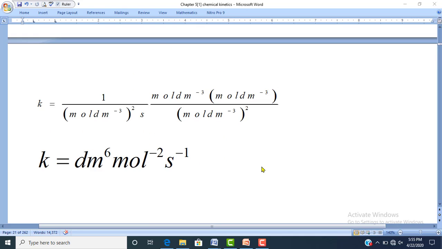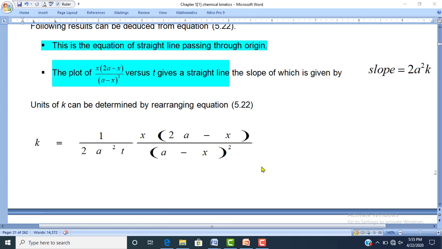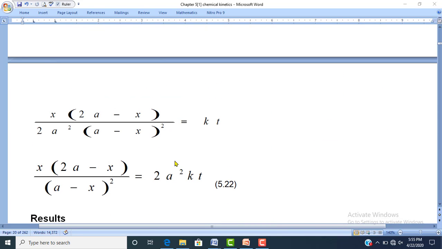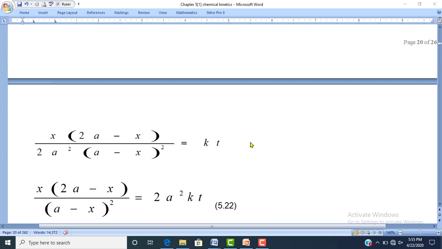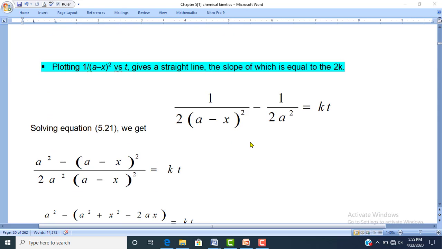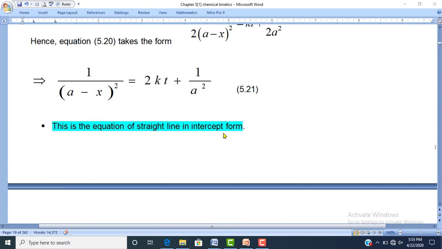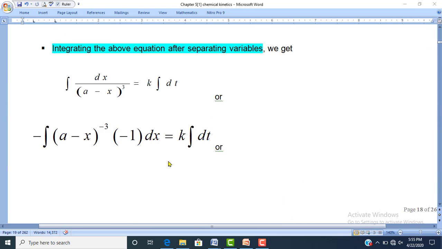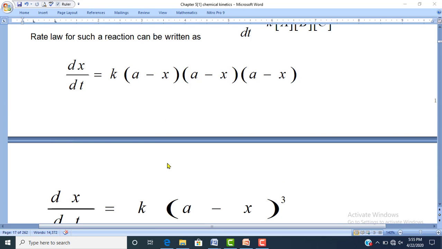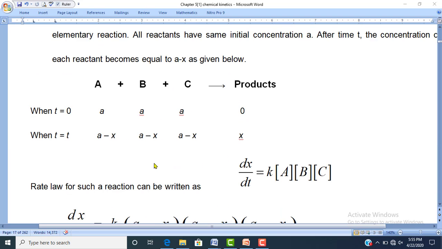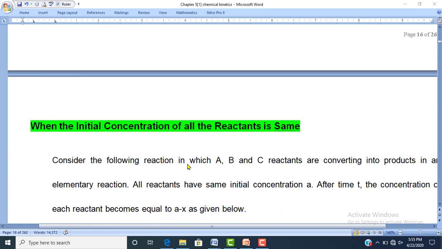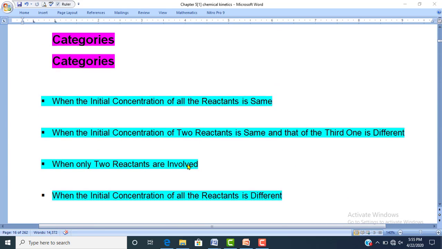Dear students, this was the rate constant determination, or the kinetics of the third order reaction when the initial concentrations of all reactants are the same. For a few minutes I will repeat the lecture so that you understand it again.